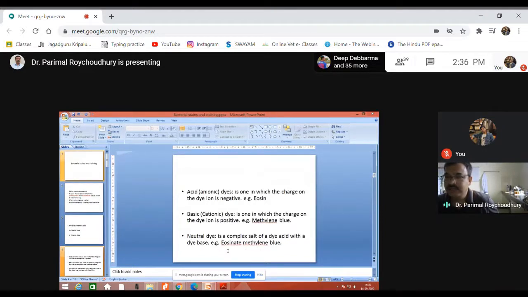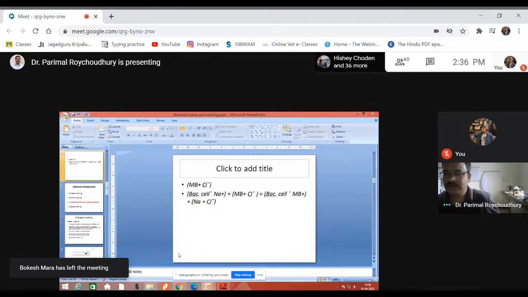This kind of dye can impart color to both negatively charged and positively charged components of the bacterial cell wall, as well as the interior nucleic acid. So depending on our use, we can use any one of these components for staining purposes.